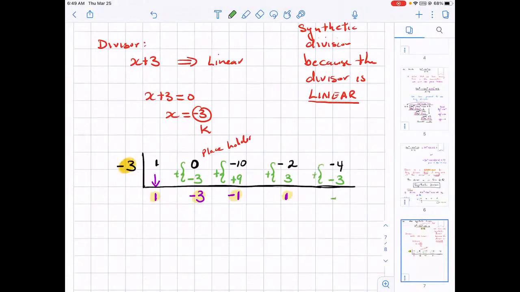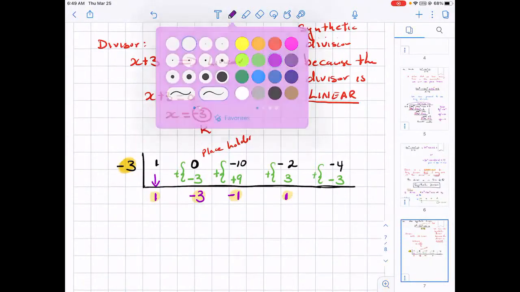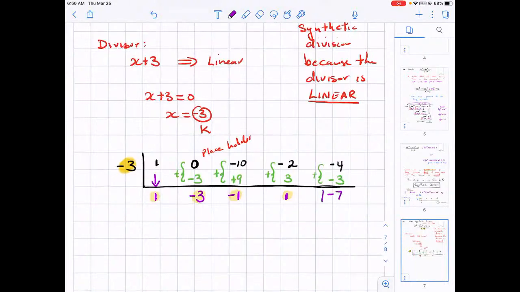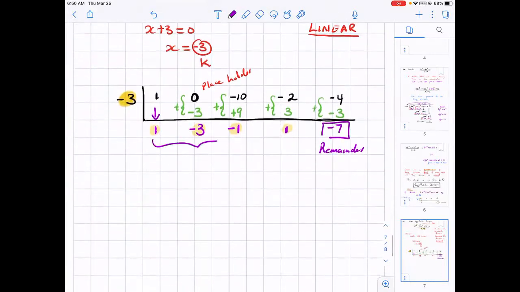This becomes negative 7. So this here is my remainder. And the quotient, this here is my quotient.